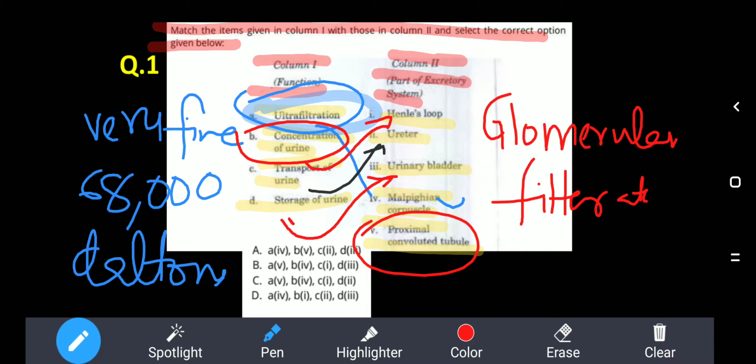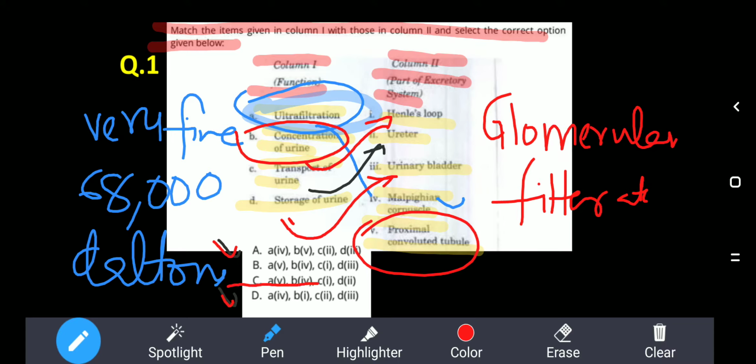Which is nothing but the function of PCT. So if you see here, we need to match. Ultrafiltration, A, goes with the Malpighian corpuscle, 4. So we have A and D. We need to go for comparison, A and D. Then we have B, concentration of urine. Concentration of urine goes with 1, that is Henle's loop.